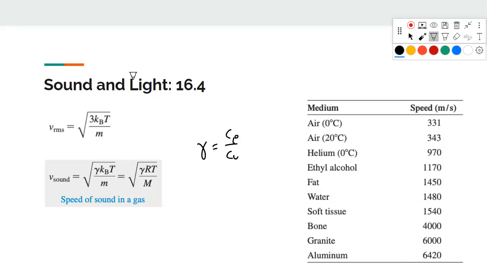So we have this thing we call gamma, which is the constant pressure heat capacity divided by the constant volume heat capacity of the gas. If you do this out, it ends up being (d+2)/d, where d is the number of degrees of freedom. So for a monoatomic gas, this would be 3. For a diatomic gas, this would be 5. And for a solid, this would be roughly 6.